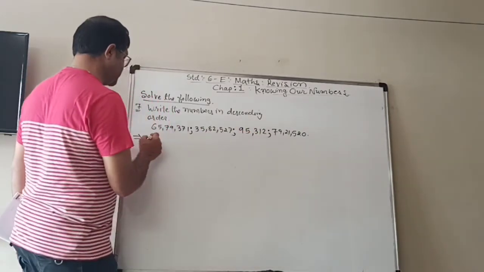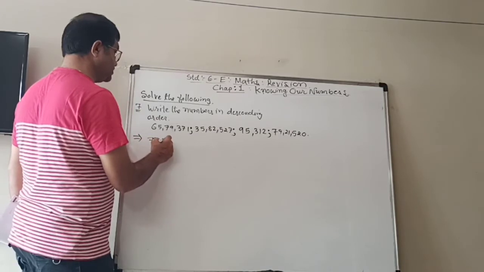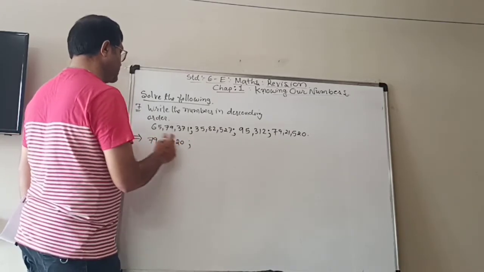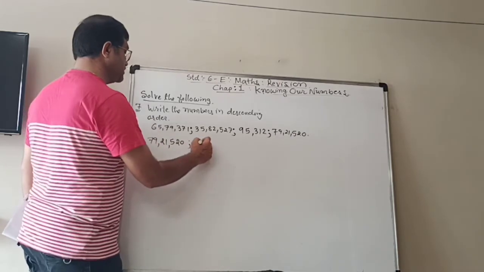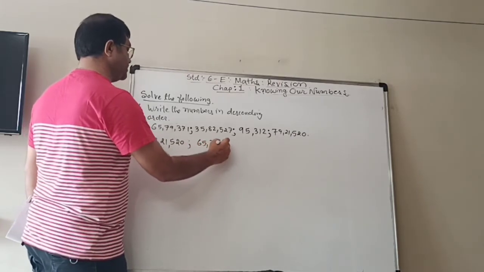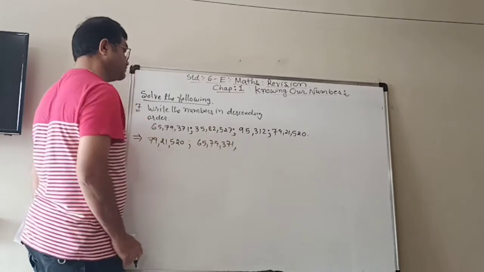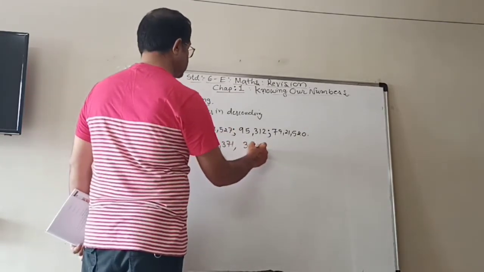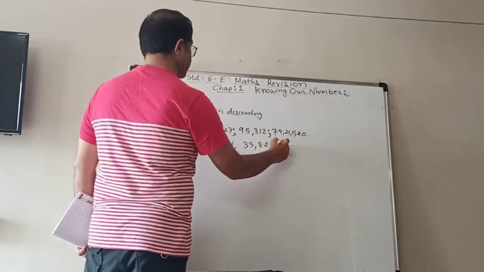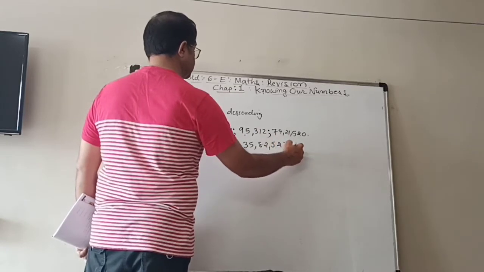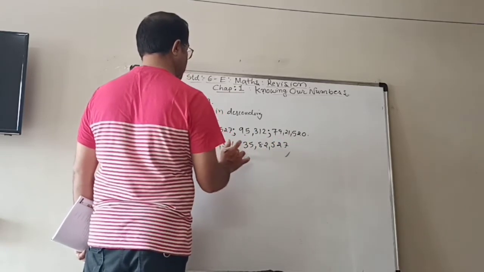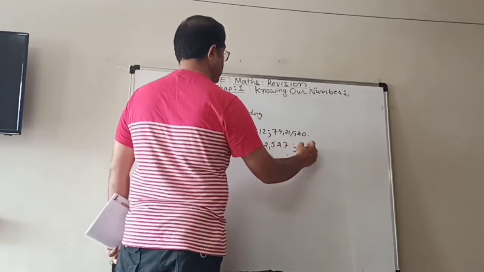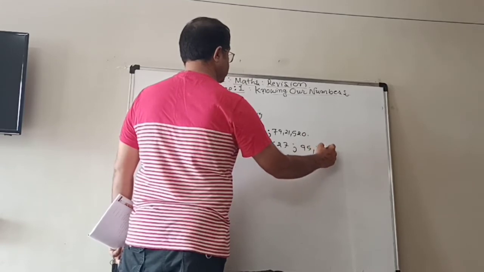So we can write down 7,921,520, then the 6th one, 6,579,371, and then this one, and at last this 5-digit number, 95,312.